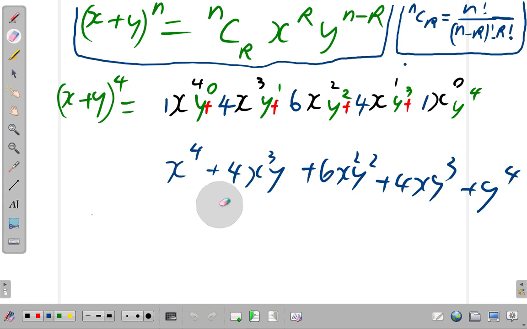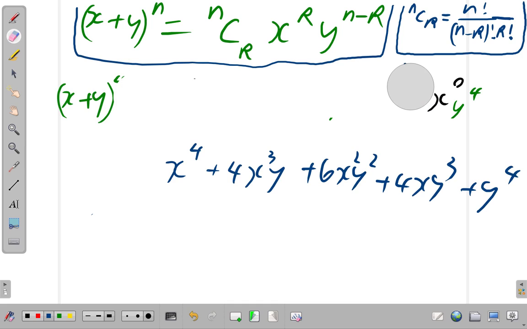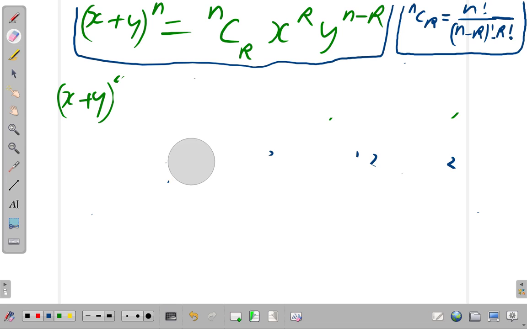You're going to expand x plus y to the 5. Let me just erase what I don't want to erase, the formula. Let me erase some of these things I have here. And this would be x plus y to the power of 5.